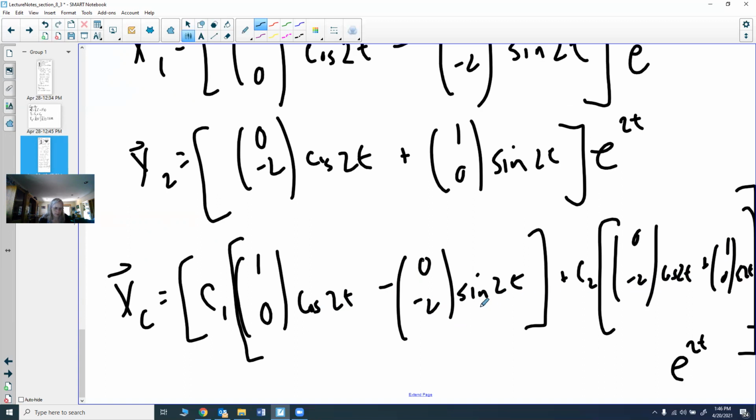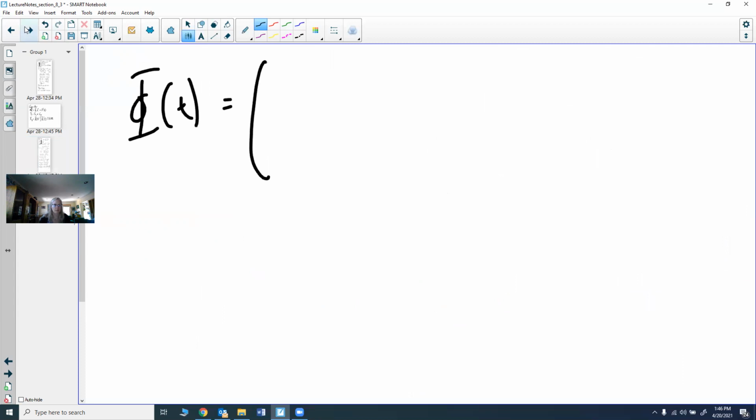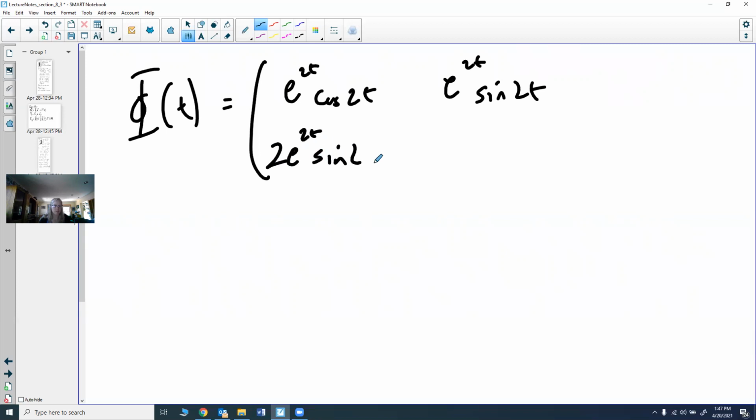So just putting them in that order with your e to the 2t in there. So we have e to the 2t times cosine of 2t, e to the 2t times the sine of 2t, 2e to the 2t times the sine of 2t, and then minus 2e to the 2t cosine of 2t.